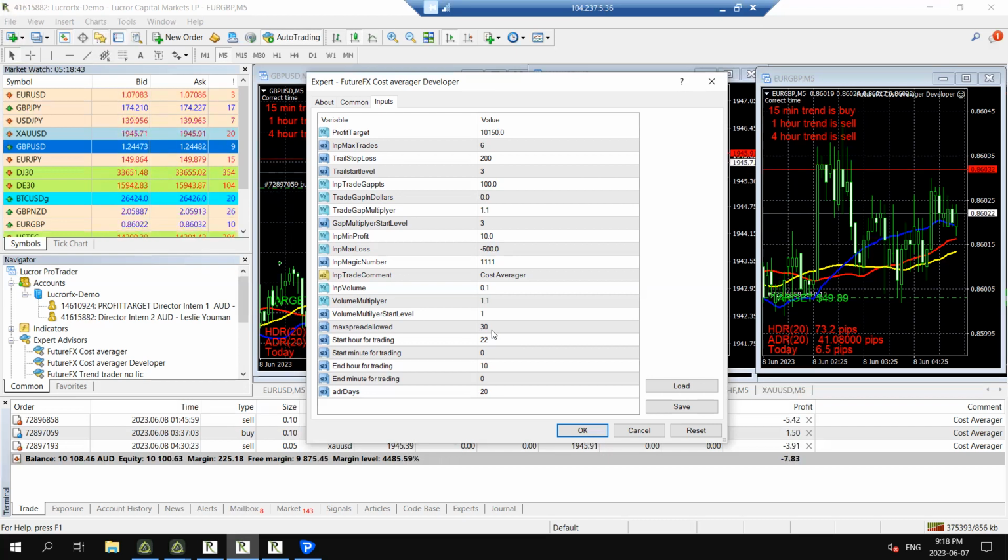On indices, sometimes on gold depending on your broker, and crypto type pairs, a spread of 30 won't be enough. Let's have a look. On Bitcoin, it's fluctuating a fair bit.